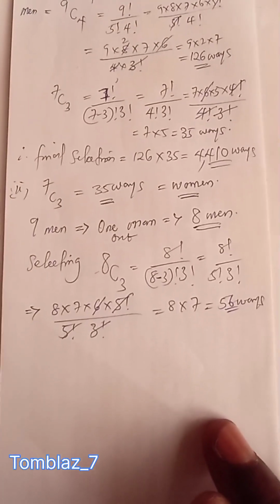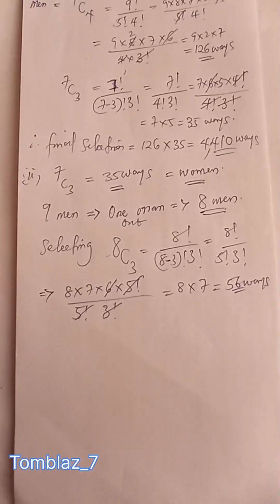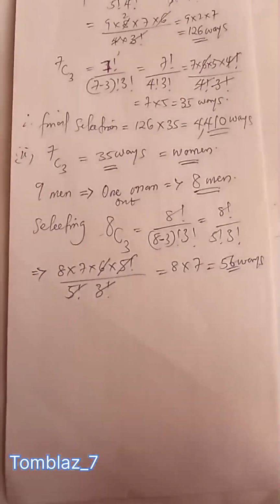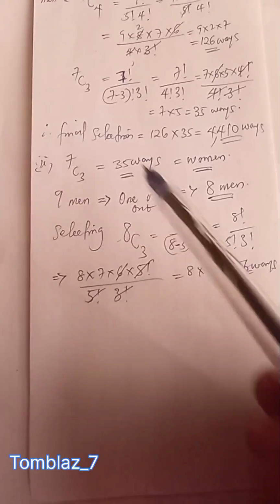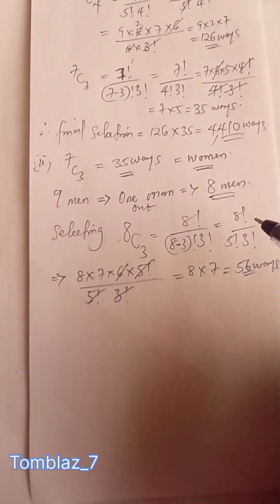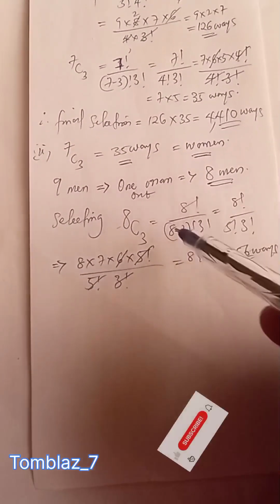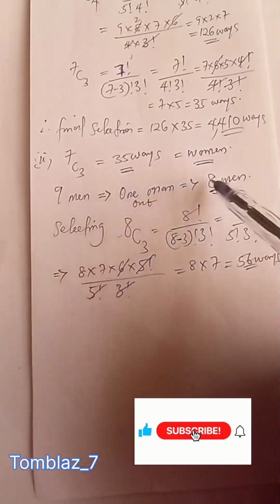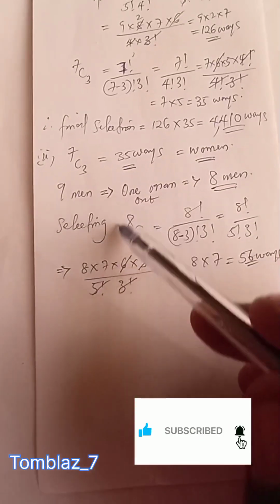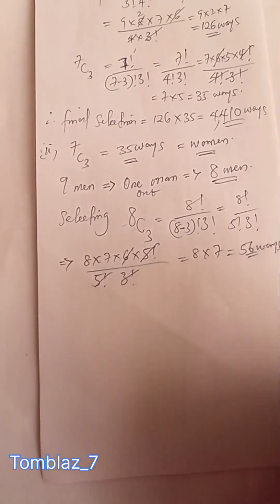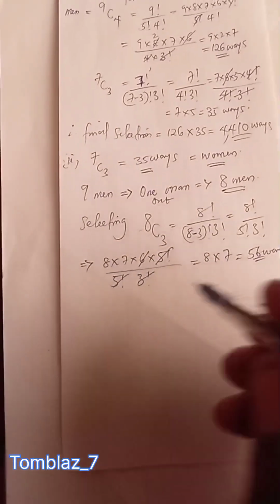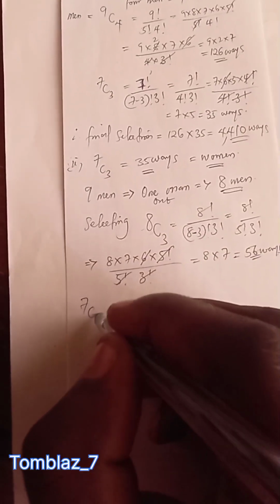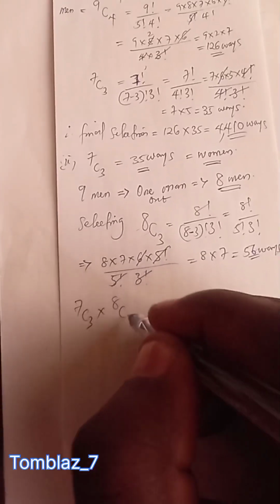Okay, so now that we have gotten the number of ways that 3 women can be selected from 7, and the number of ways that 3 men can be selected from 8, then let's multiply them together to get our final answer. So it's going to be 7 combination 3 times 8 combination 3.